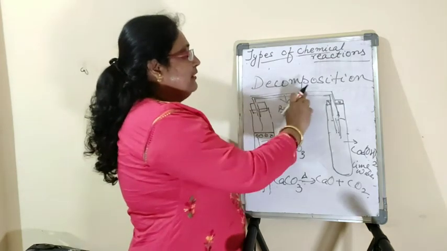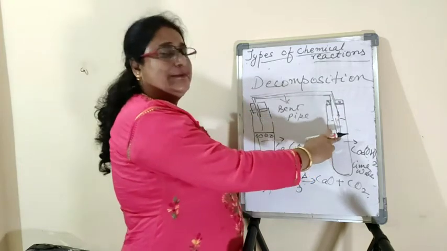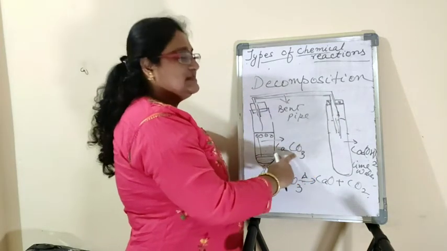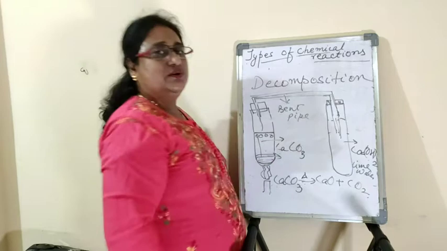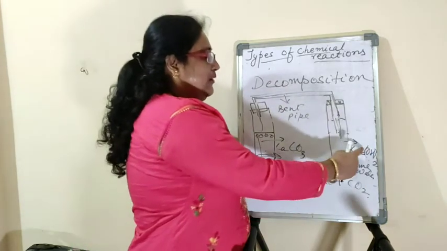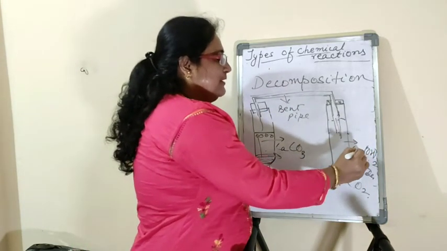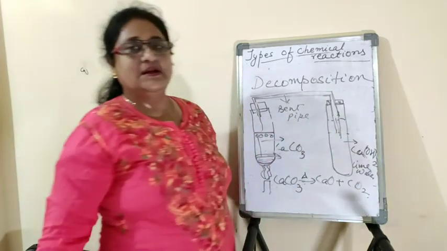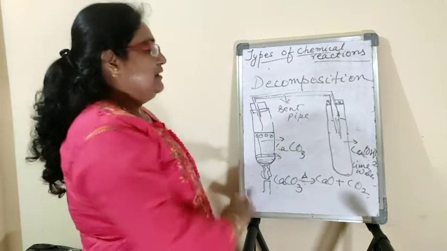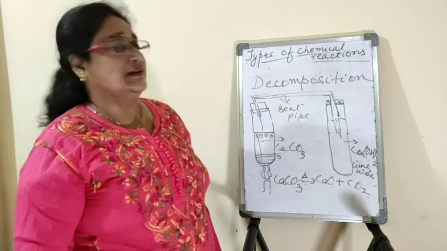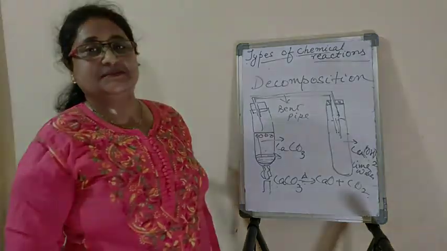What we found is that the gas liberated is nothing but CO2, as the Ca(OH)2 turned milky white. So this experiment is again an example of a decomposition reaction.